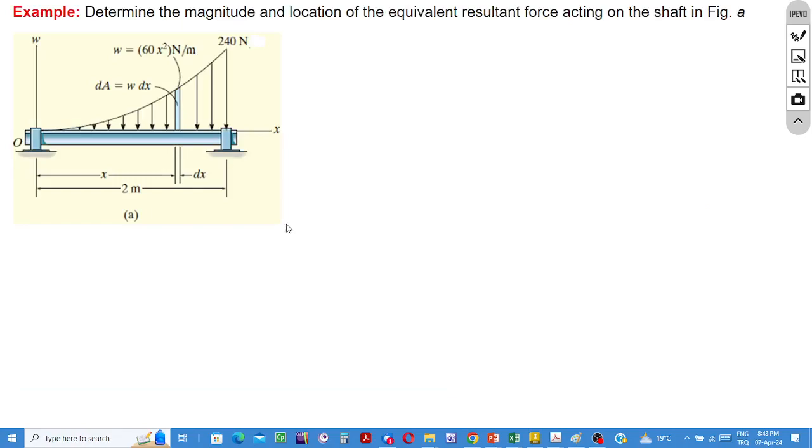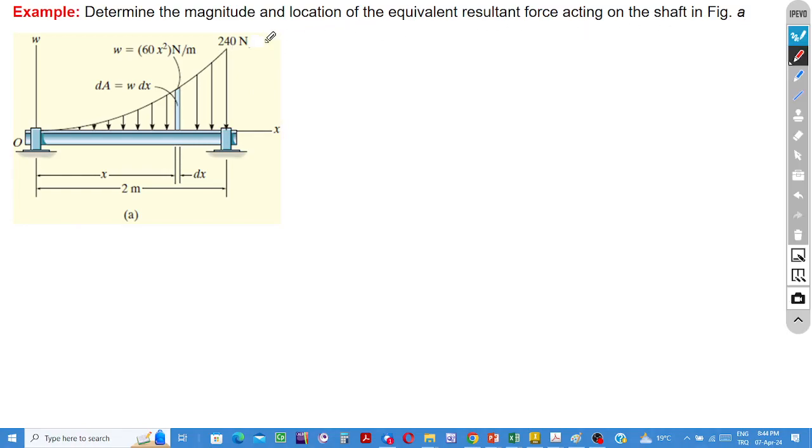An example. In the example, the load curve has been given as 60x squared. The load is a function of x. There is a shaft in the example. At the left-hand end of the shaft, the load is 0. At the other end, it reaches its maximum value.